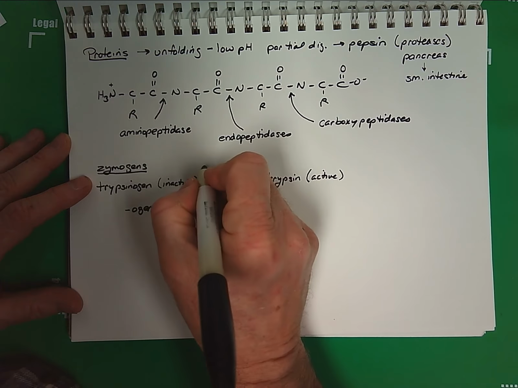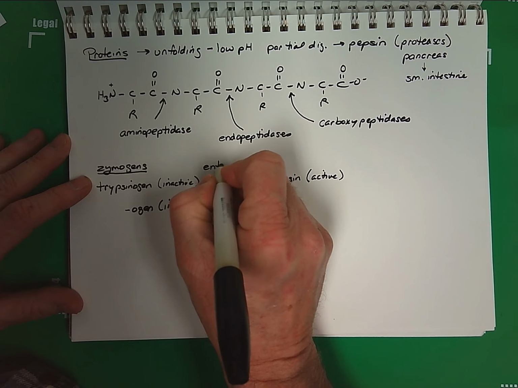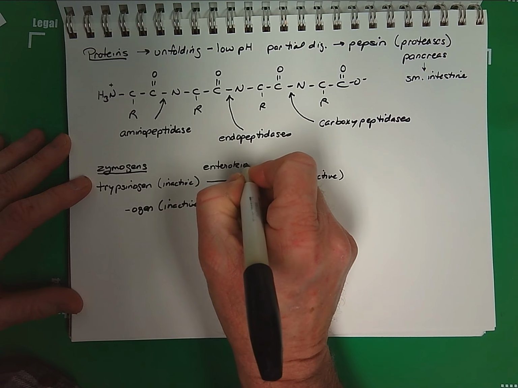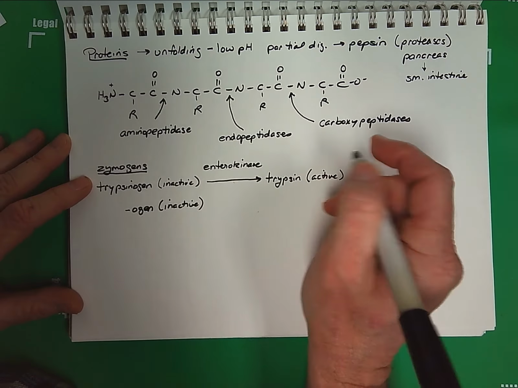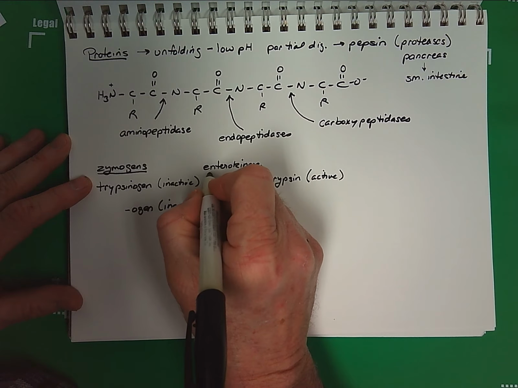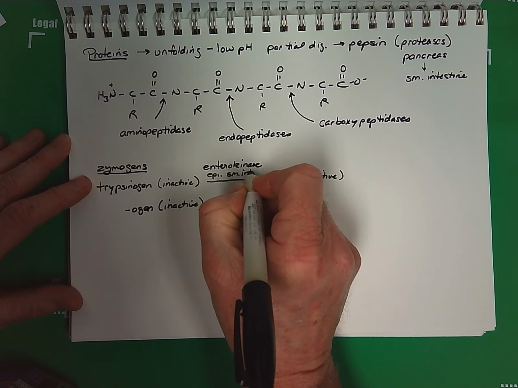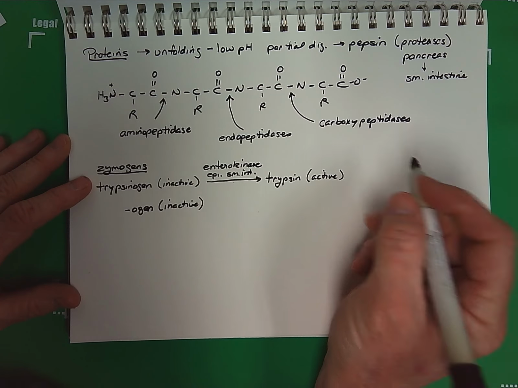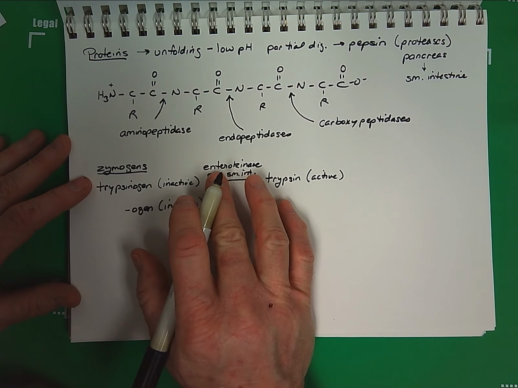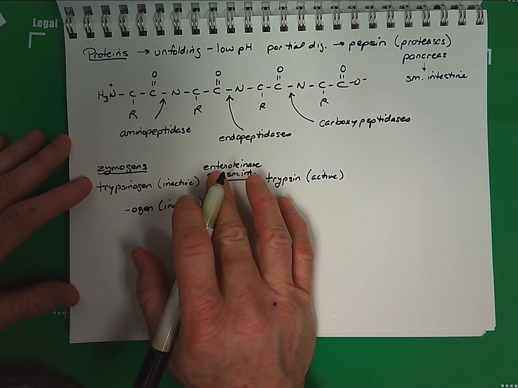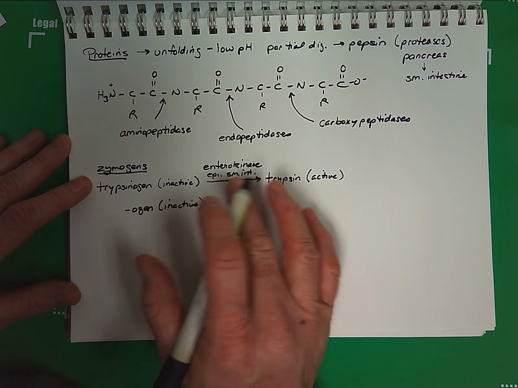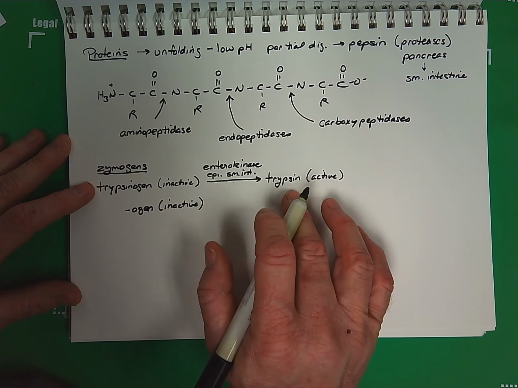This is done by an enzyme called enterokinase. The enterokinase is located on the epithelium of the small intestine. So this is a transmembrane protein on the luminal surface of the small intestine, and it activates the trypsinogen to trypsin.